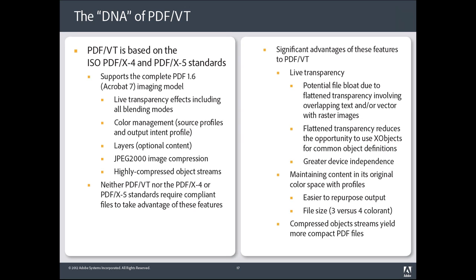Okay, why? Well, I think in terms of live transparency, certainly the religion is that if you don't have live transparency in a PDF file, you have basically device-dependent PDF, because when you reconcile transparency, what we call flattening, you need to know the device's resolution, you need to know color spaces, etc. So if you do this ahead of time, you're effectively tying yourself to a particular device, particular resolution, color space, etc. But for PDF VT, it's more of a problem because when you flatten, you typically have a larger amount of content because you may have text and vector suddenly becoming part of a raster if they're intersecting with that.